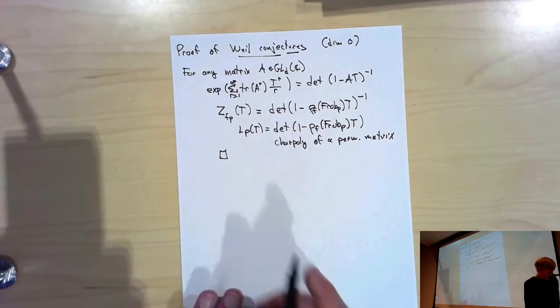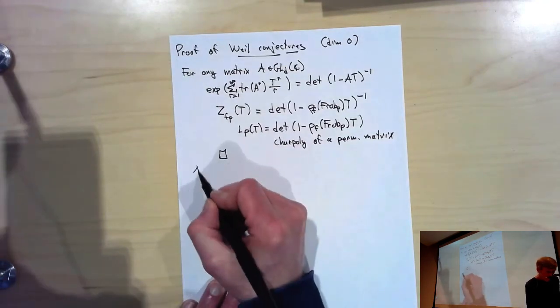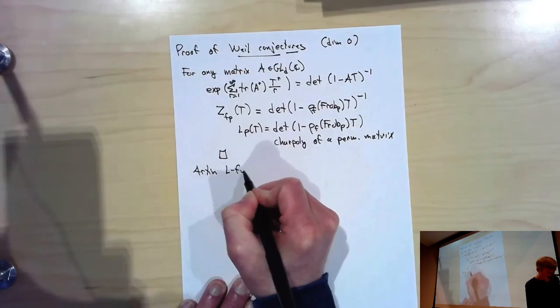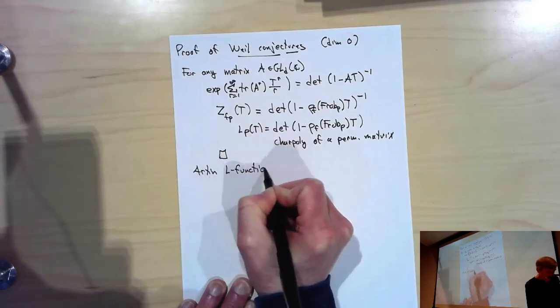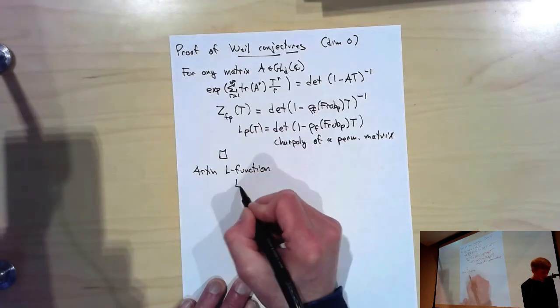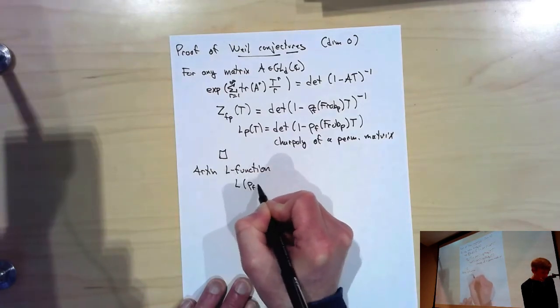So, two more things I want to mention before we leave our weight zero example. It's common to package all of these local zeta functions up into a global object called an L function. In this case, what we're going to get is an Artin L function.